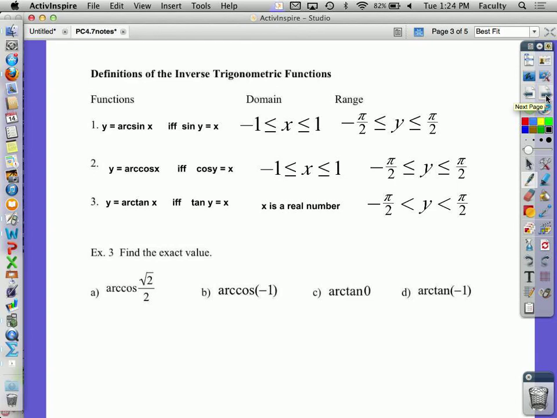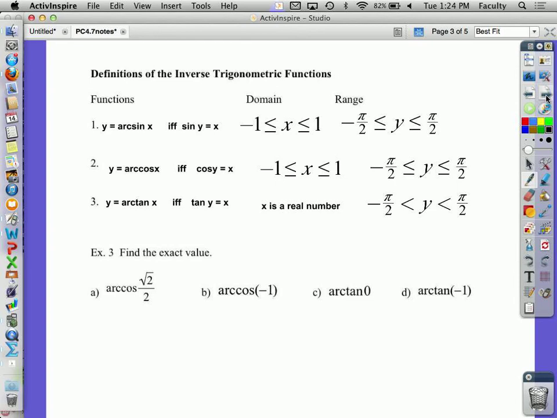Alright, let me give you a moment to fill in this chart. It says definitions of the inverse trigonometric functions. Number 1, y equals arc sine x. Does anybody remember what IFF stands for? If and only if. Beautiful. If and only if sine of y equals x.